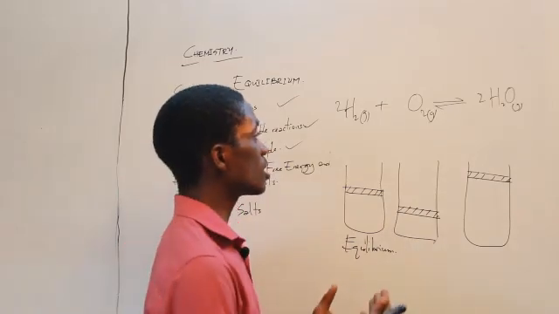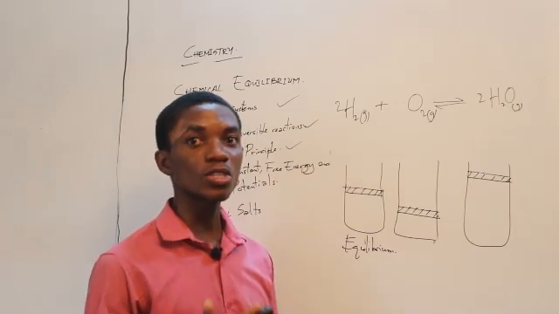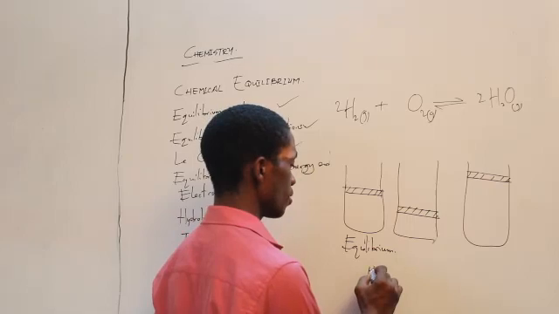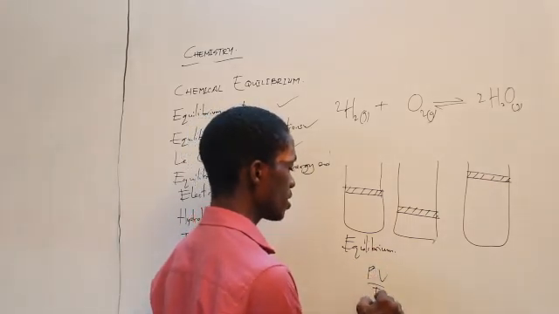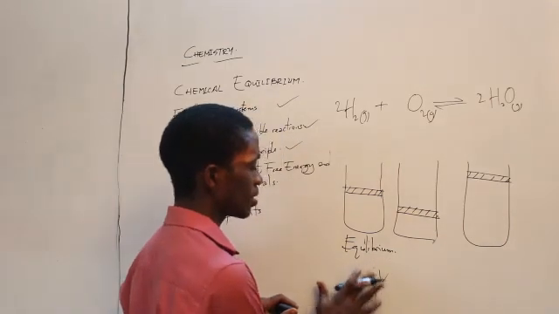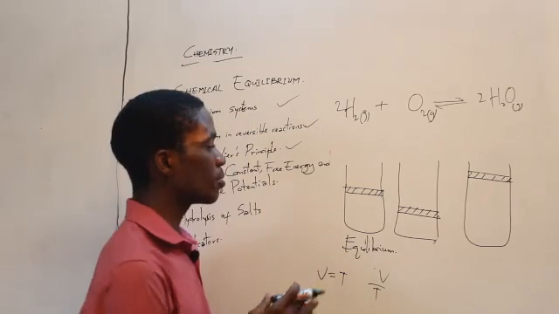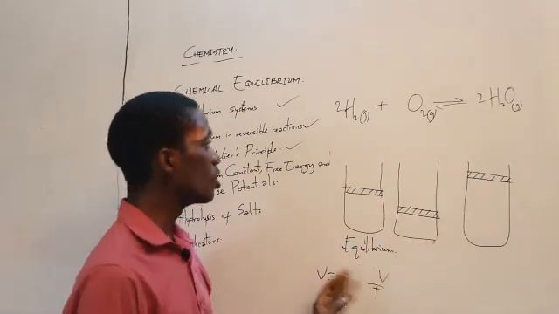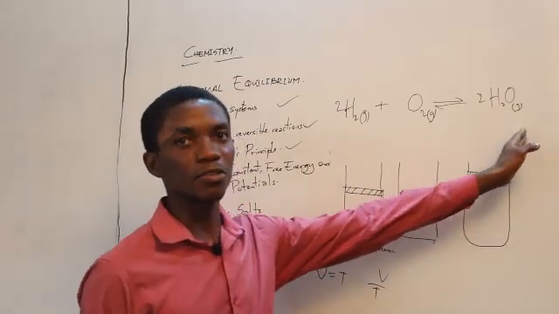But when we cool the system down, if we consider the general gas equation, PV over T, and we take out the P part and consider just V and T, when we cool the system, it is as good as reducing the volume. So we would have the forward reaction better favored.